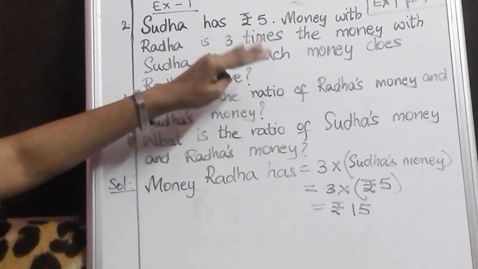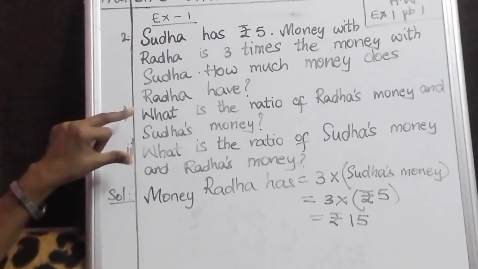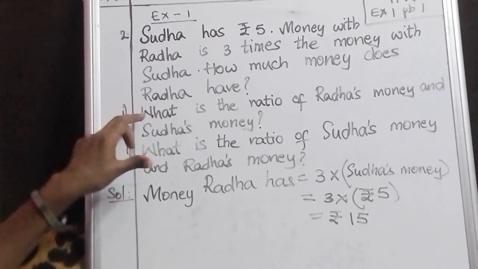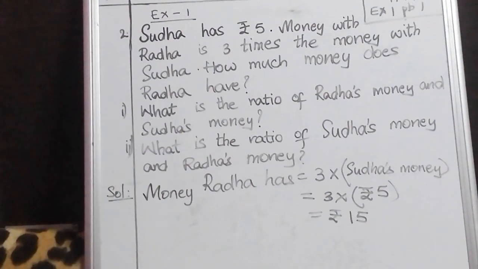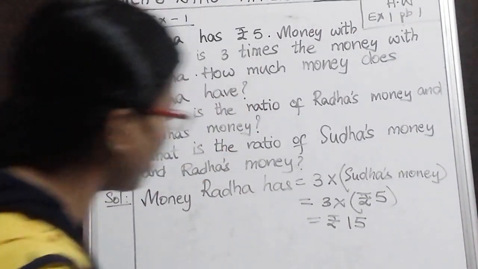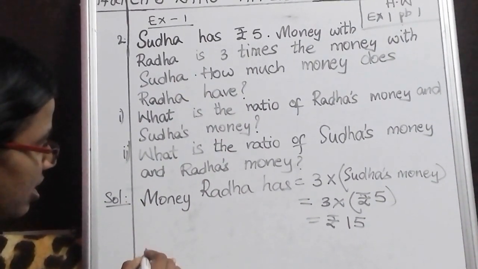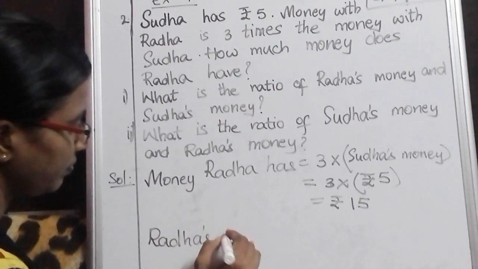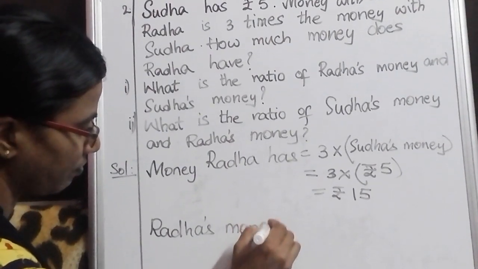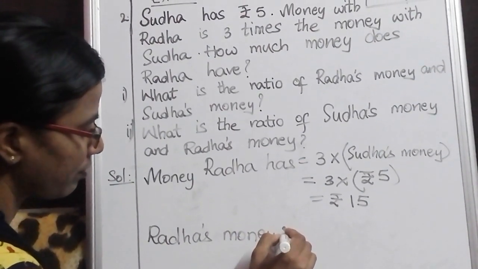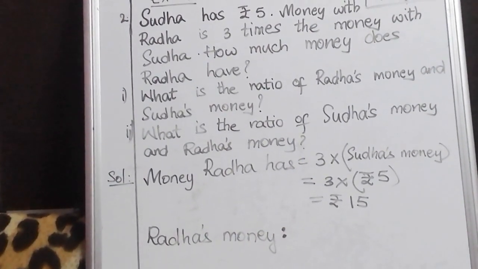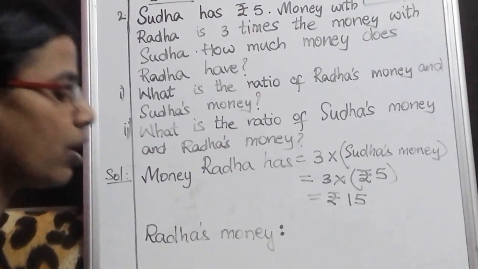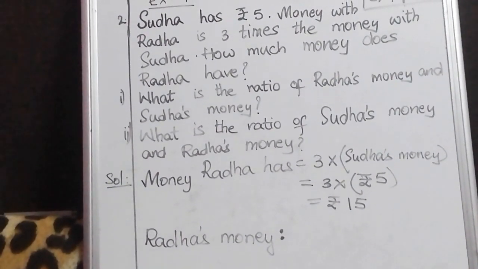So the first part of the question we have completed. Now let us read the second. What is the ratio of Radha's money and Sudha's money? So here they are asking you Radha's money is to, what did I tell? How to write? 2 dots in one straight line.